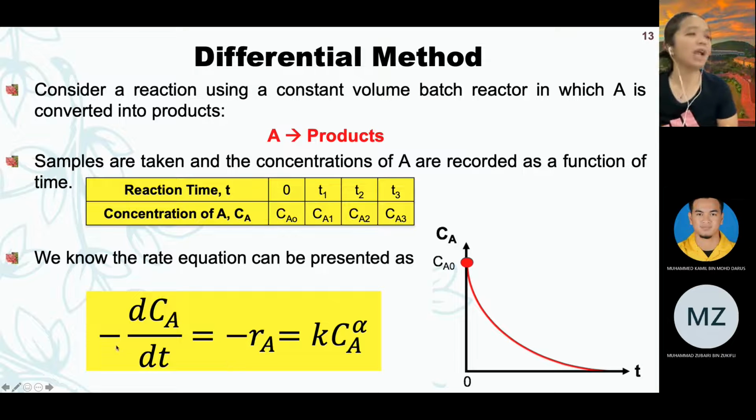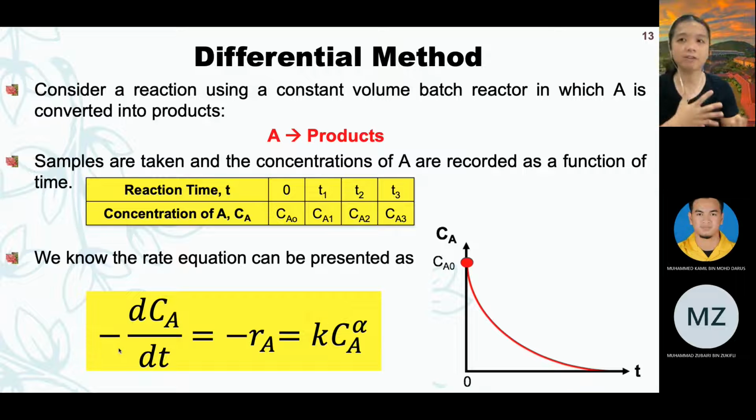Okay. Now, why there's a negative di hadapannya? Because we know chemically in this scenario, concentration of A must decrease with time. So if you don't put the negative sign, it doesn't imply that concentration A itu akan menurun dengan masa. Tapi kita tahu chemically dalam tindak balas ni, kepekatan A must decrease with time.